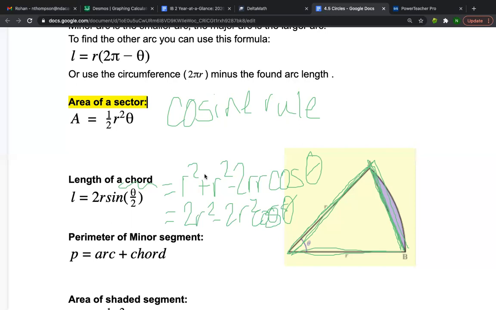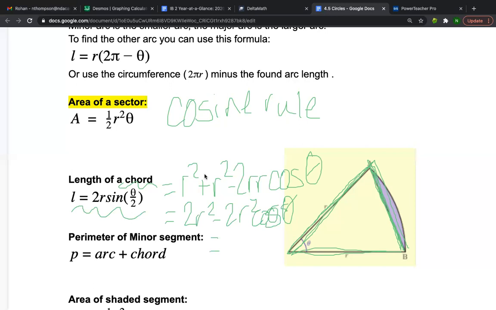Some of you, since we just talked about it, I'm going to keep simplifying this. This concept is where we get the double angle formula from. If you can imagine, you would have 1 minus cosine theta there. Anyway, you don't need to know that.